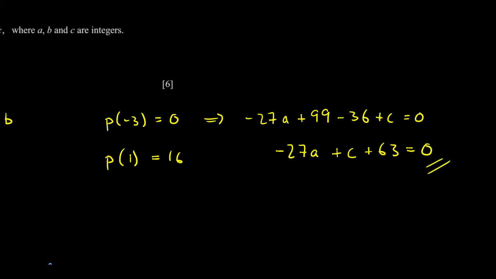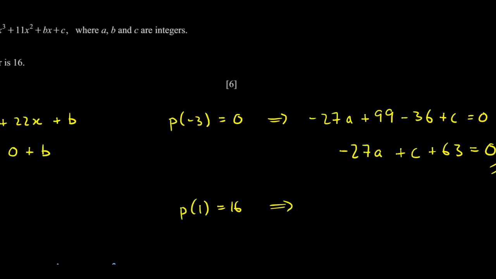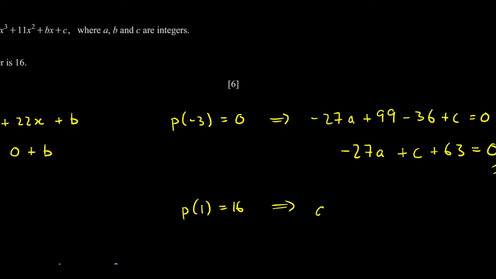The second equation: p of 1 is equal to 16. So let's substitute 1 into our polynomial. 1 cubed is just 1, so I get a plus 11 times 1, plus b, which is 12, times 1, plus c, equal to 16, beg your pardon.